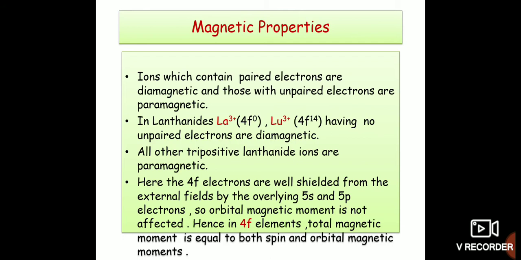Hence in 4f elements, the total magnetic moment is calculated by taking into consideration both the orbital magnetic moment and the spin magnetic moment. So mu is equal to mu L plus mu S. So this is all about lanthanides, that is 4f series elements.